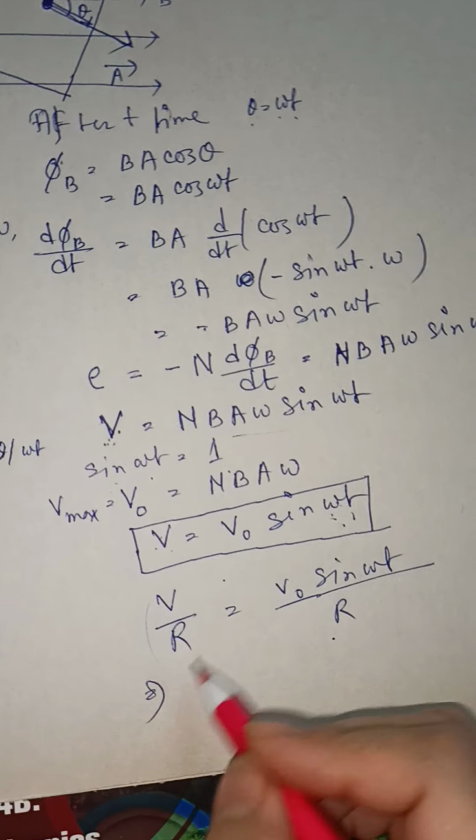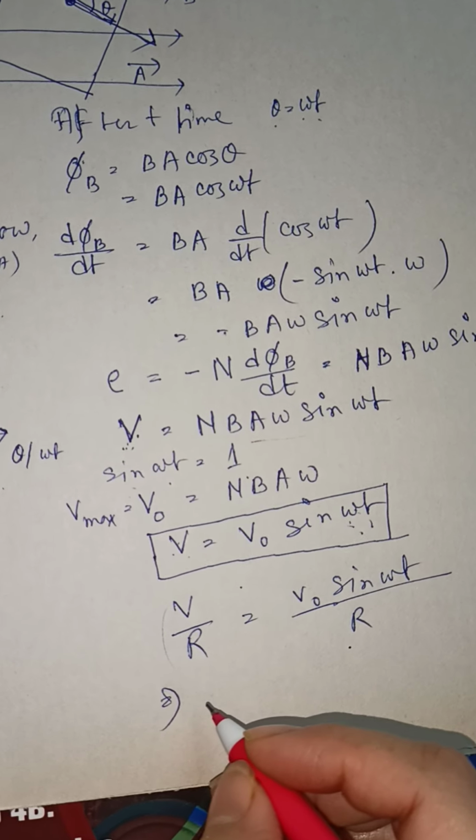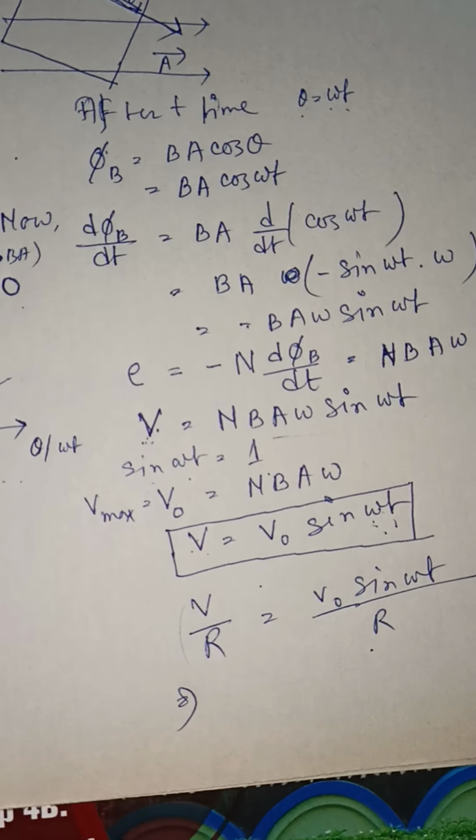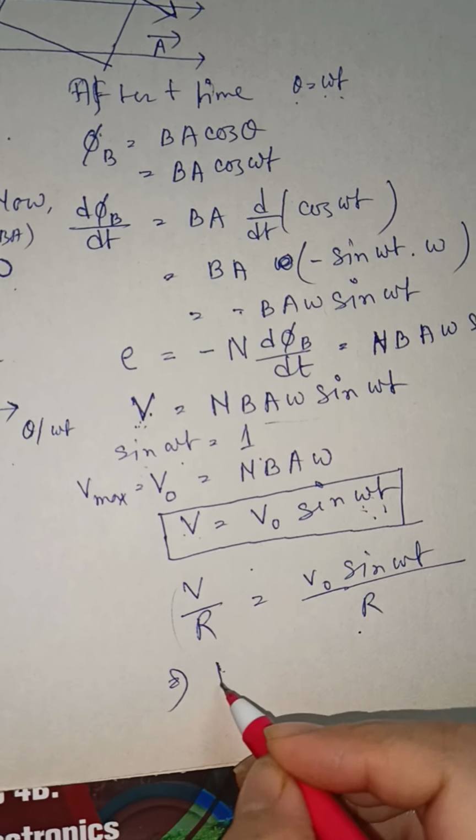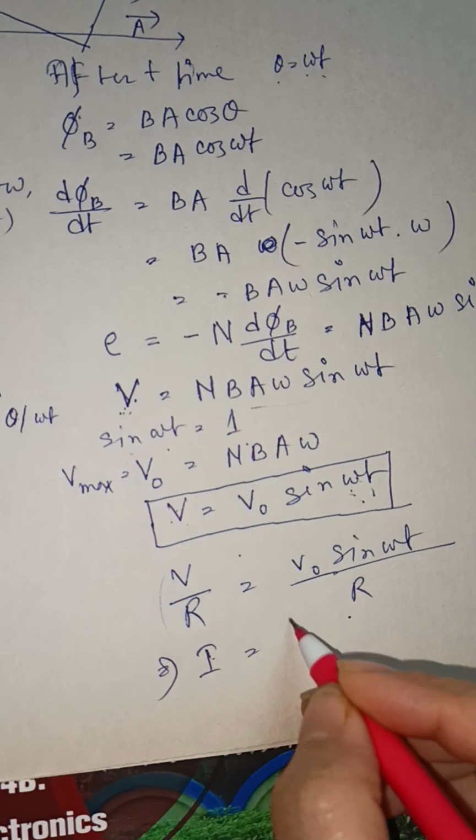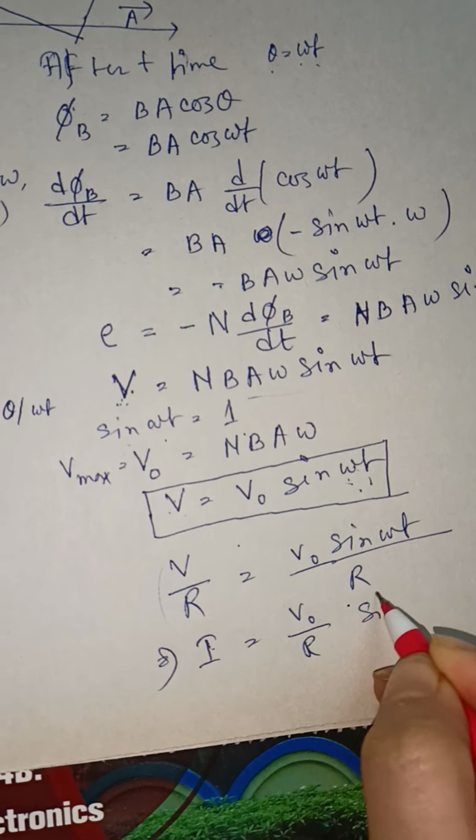So this gives us the current induced at any instant t: V naught by R into sine omega t.